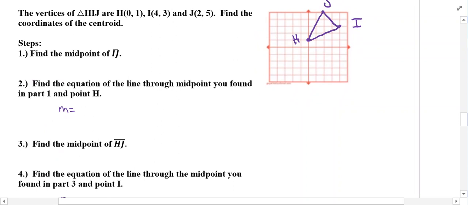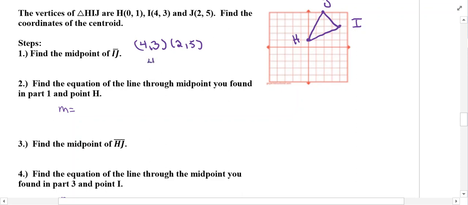First step that I want you to do is to find the midpoint of IJ. So finding the midpoint of IJ, we have the points (4, 3) and (2, 5).